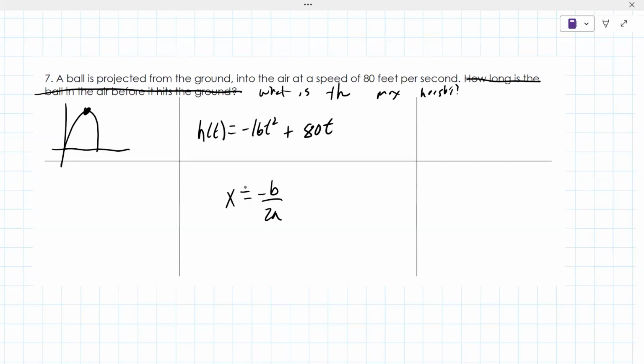So x equals minus b, so minus 80 over 2... I got 5 over 2, which you plug into h of t.